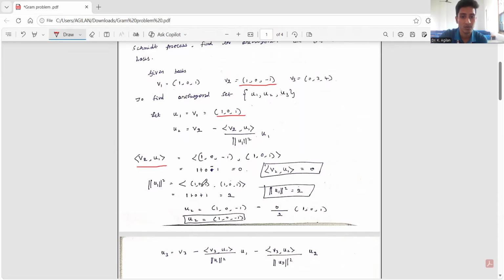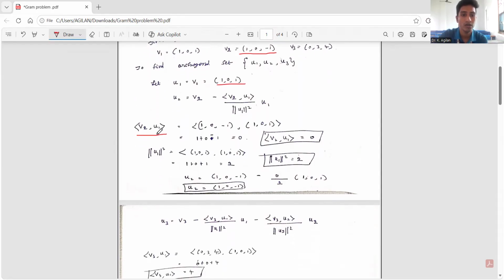So (1, 0, 1) and (1, 0, 1). Again the same process, the inner product of two terms with the corresponding values only. So 1 into 1 is 1, plus 0 into 0 is 0, plus 1 into 1 is nothing but 1. So the answer is 2.